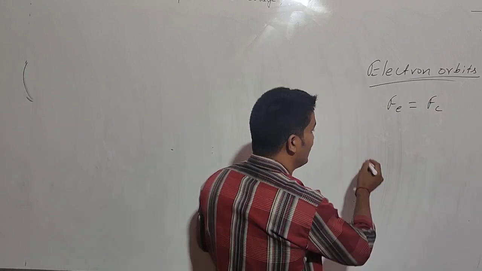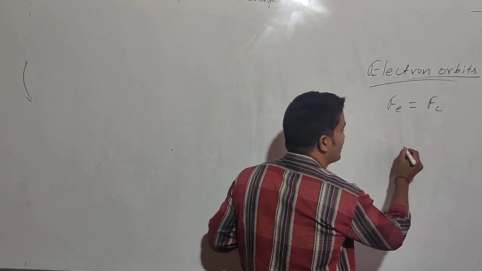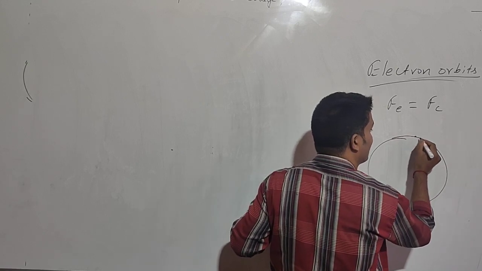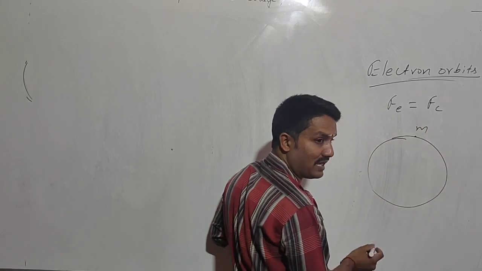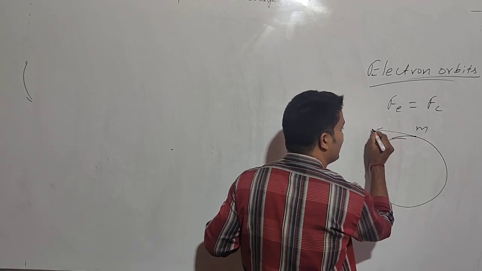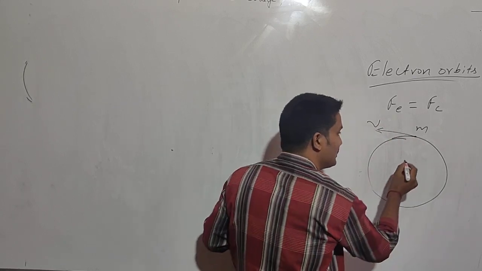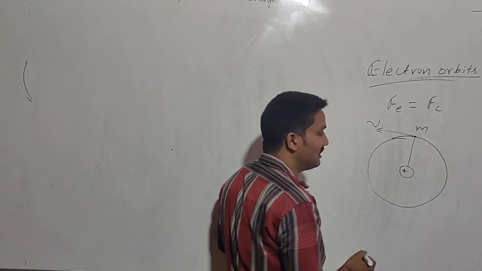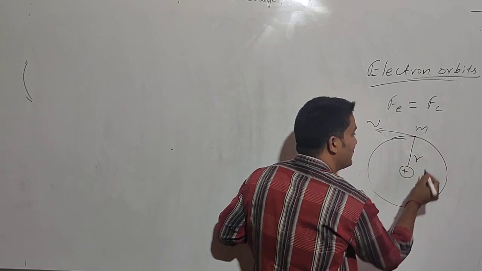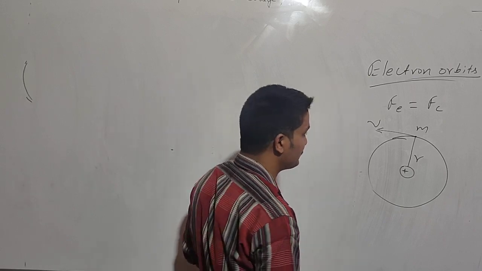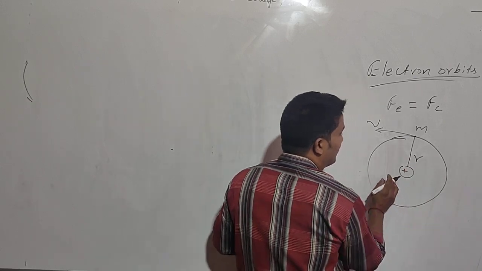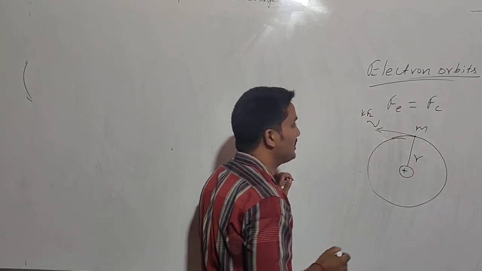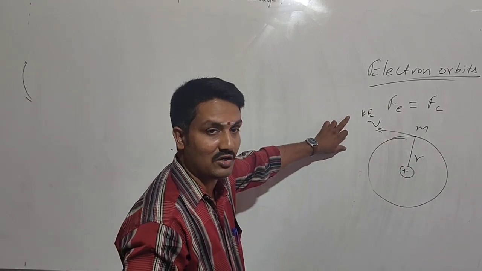Let us suppose this is the electron having mass m and velocity v, and it is revolving around the nucleus at the distance small r, and the kinetic energy here you have to take as Ke equals half mv square.